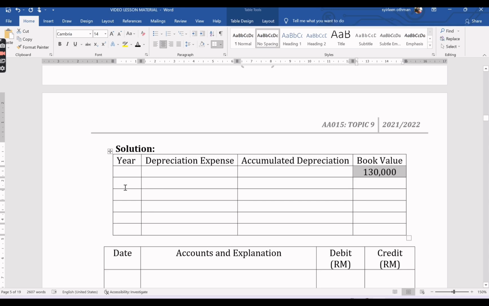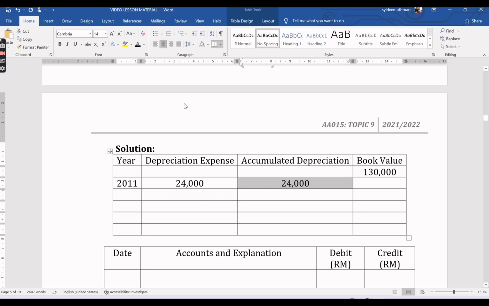For the year 2011, the depreciation expense, as I calculated earlier, is 24,000. The accumulated depreciation for the year is also 24,000. Why? Because this is the first year, right? There is no year before. So the accumulated is only for 1 year, that is 24,000.